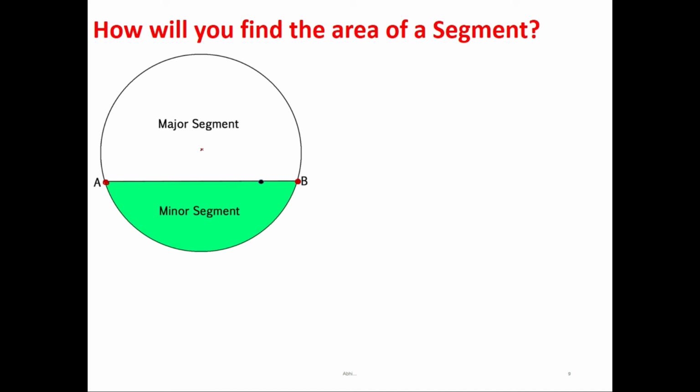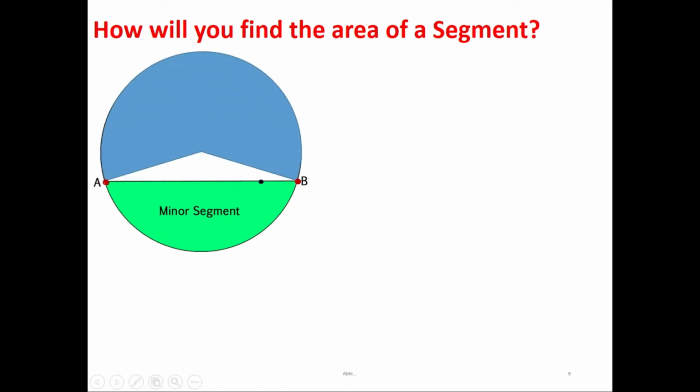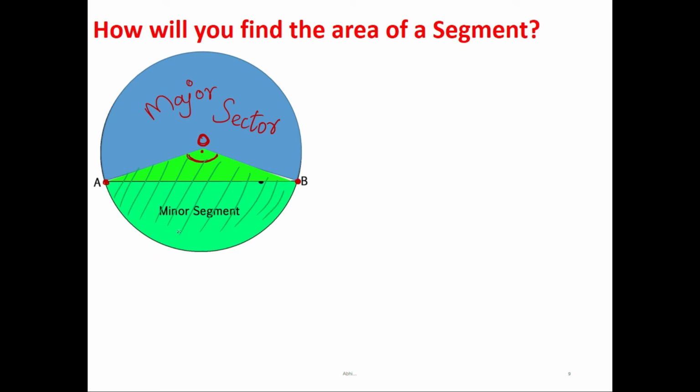Considering the center as O, if we join the points A and B to the center O, we can have a major sector, the complete green region forms a minor sector, and now our interest is in the minor segment, which is the green region below.